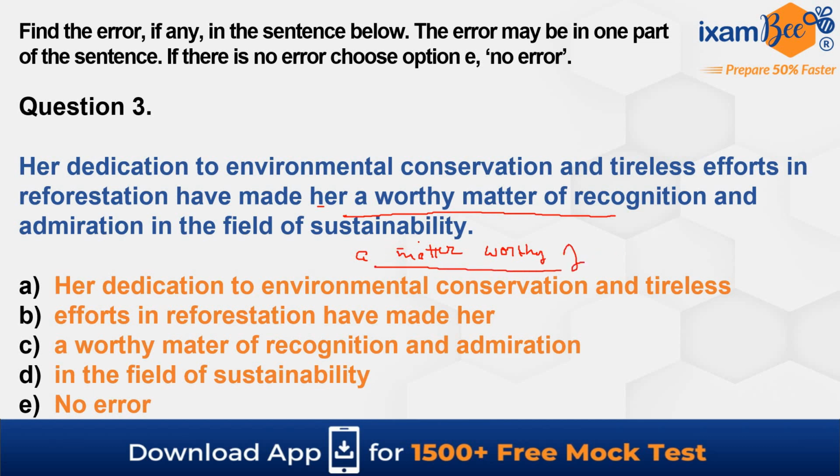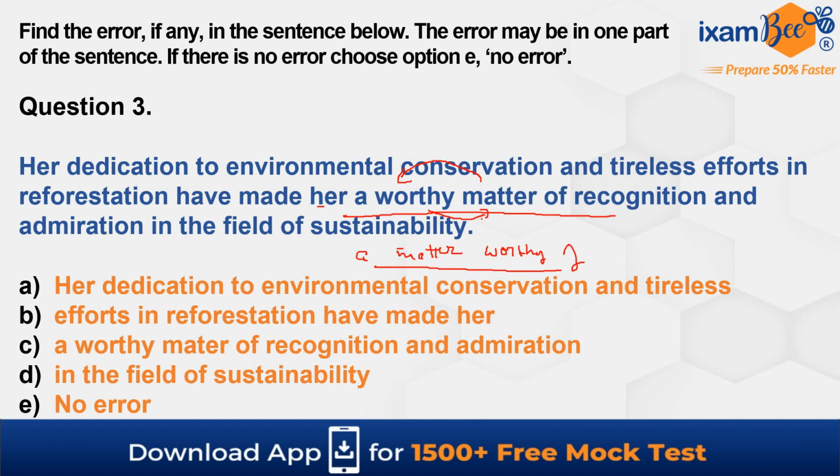So this, it should be. What we have done actually, we have reversed the position of matter and worthy. Okay, we have brought inversion here, right? Worthy and matter. We swapped their position.